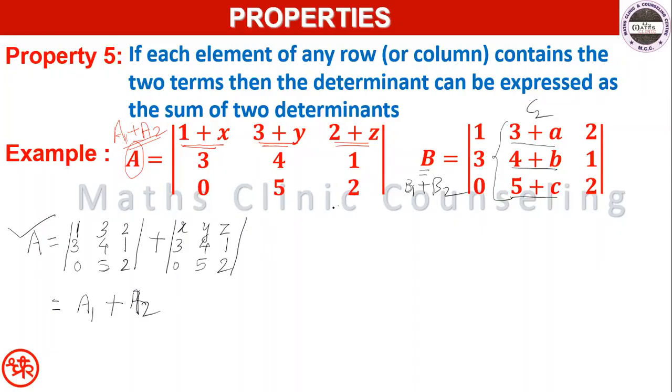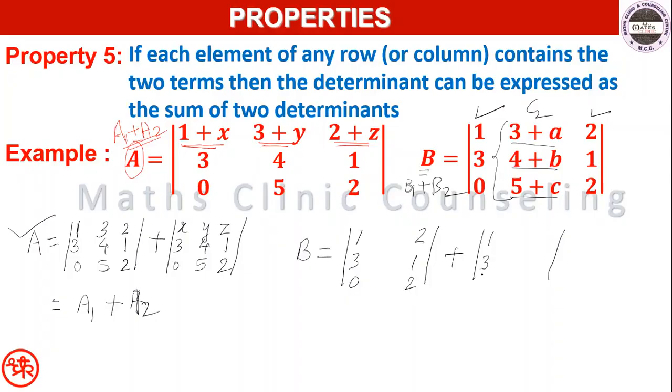Now what about B? B is again, as the property says, the sum of two determinants. In this case the first column is the same and the third column is the same: the first column 1 3 0, the third column 2 1 2.